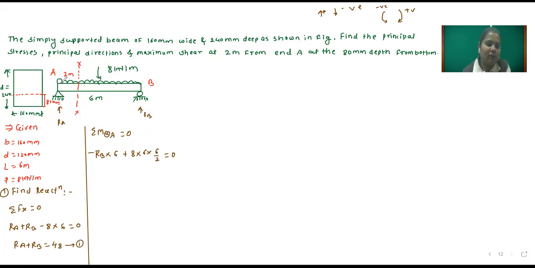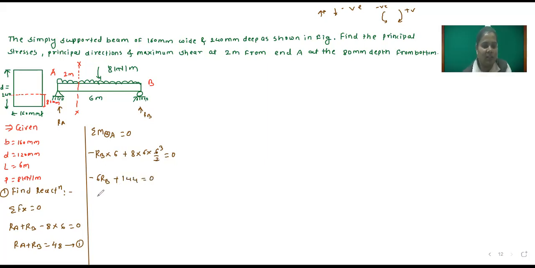And here RA force is there, but for RA the perpendicular distance is 0, that's why we eliminate this. So minus 6 RB plus 8 into 6 into 3. How much? 144, madam. 144, which is equal to 0.